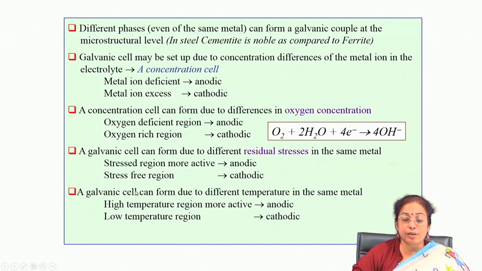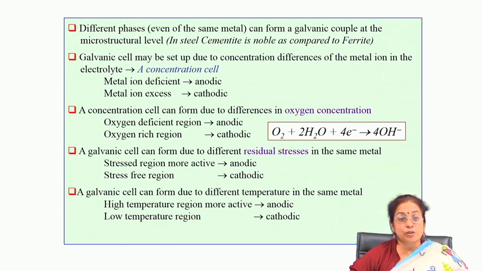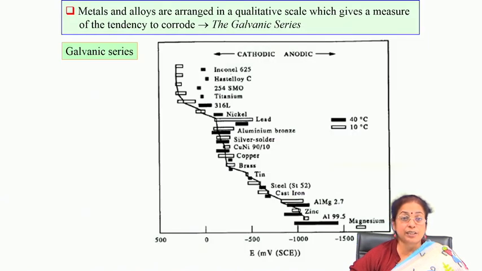And a galvanic cell may form due to difference in temperature in the same metal, where the high temperature region is more active and usually acts as anode as compared to the low temperature region. So, if you take a component having different temperatures in different regions, those regions corrode to a different extent. You have to be very careful.